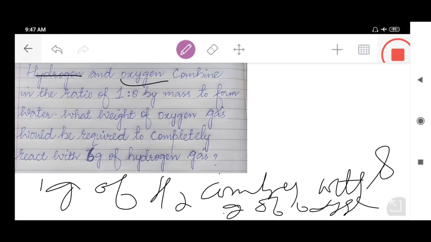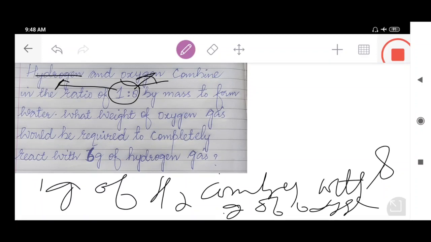This is given in the question, that whenever there is a reaction between hydrogen and oxygen, they combine in the ratio of 1:8. That is, 1 part of hydrogen reacts with 8 parts of oxygen, then water gets formed. So 1 gram of hydrogen combines with 8 grams of oxygen.